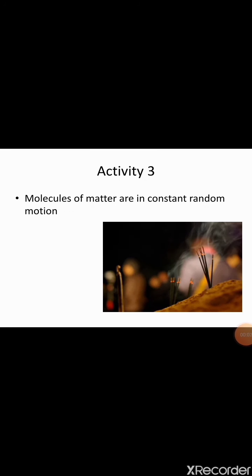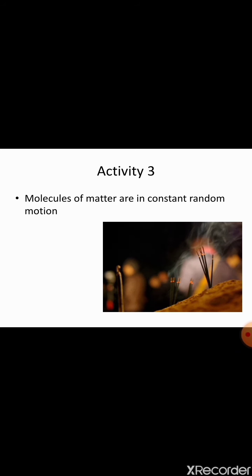Now we have activity 3. It's just a figure that explains everything, that molecules of matter are in constant random motion. You all have experienced this when an incense stick is burning in a room.